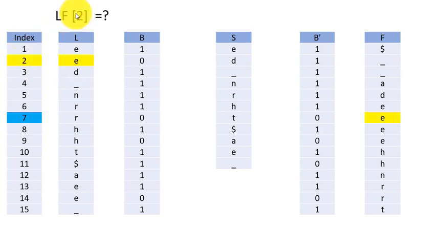So LF means, for the second index of the last column, E, what's the index of the first column corresponding to it? So we know this is the second E in the last column, so we simply look for the second E in the first column and refer back to the index. So we know that LF2 should be 7.